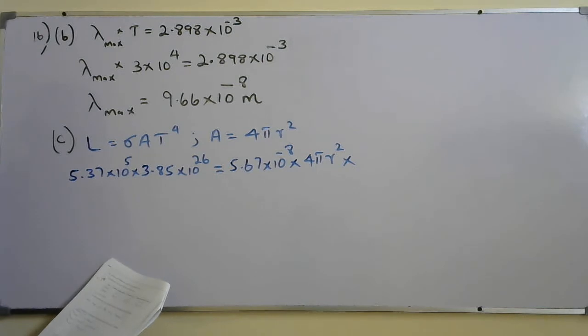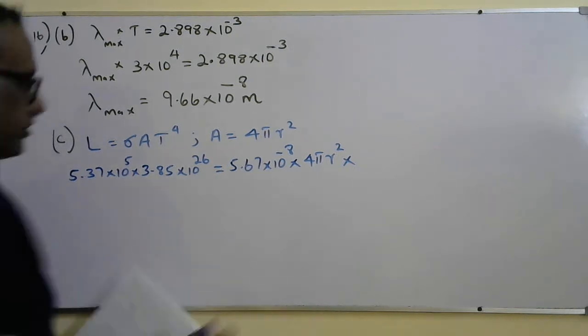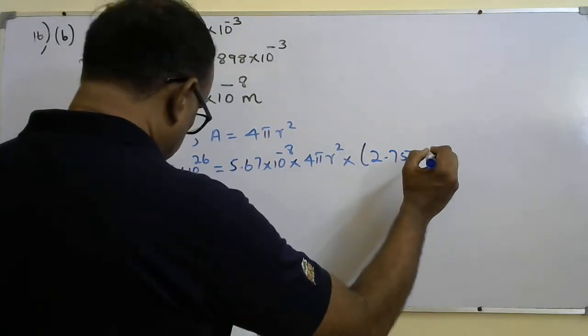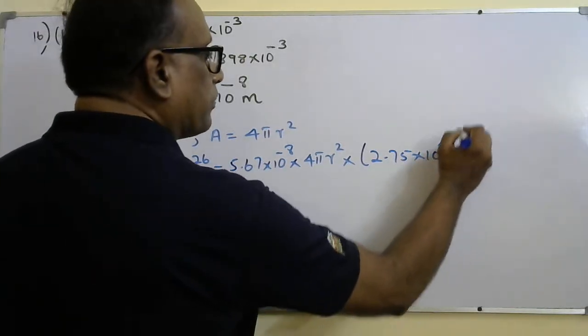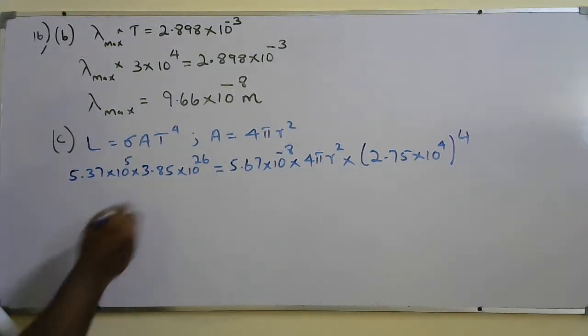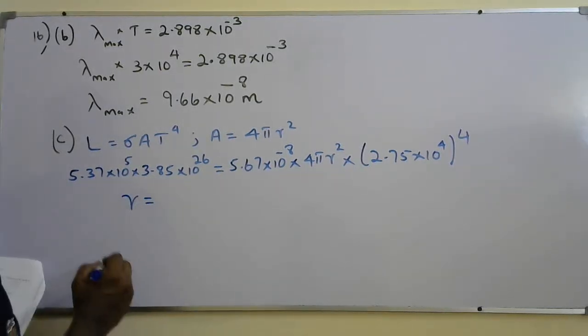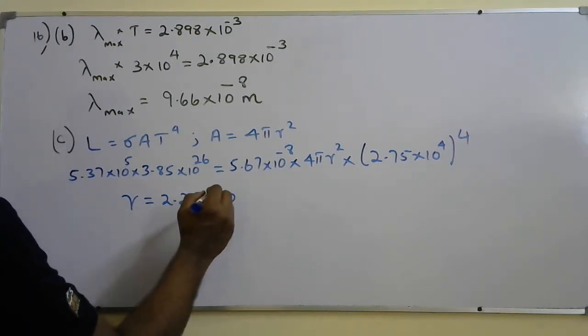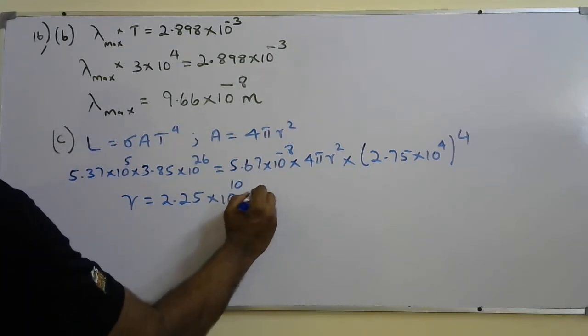Temperature is given for Alnilam, 2.75 times 10 to the power 4, to the power 4. Okay, so solve it. You'll get the radius r equal to 2.25 times 10 to the power 10 meters.